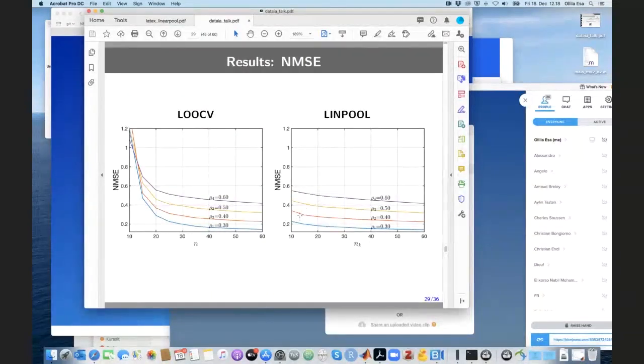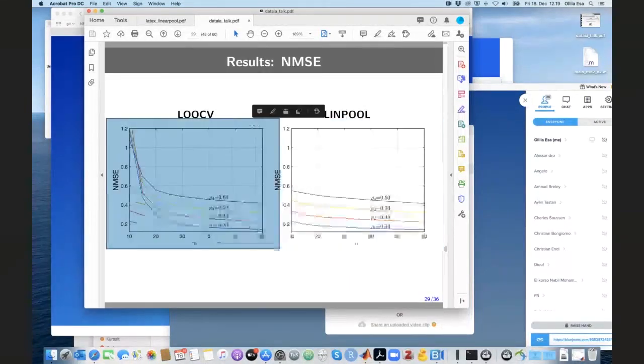What you can see is that this leave-one-out cross-validation method does similarly when we have a relatively larger number of observations. But when the number of observations decreases, this method starts to lose its consistency in estimating these weights. So you can see that in this regime, it starts to behave quite badly.